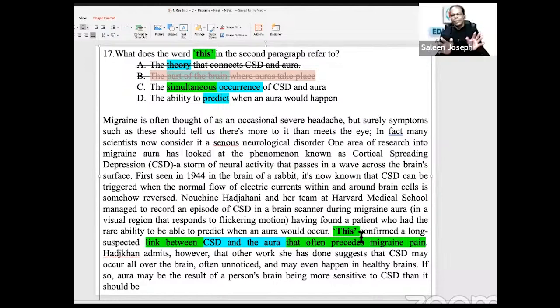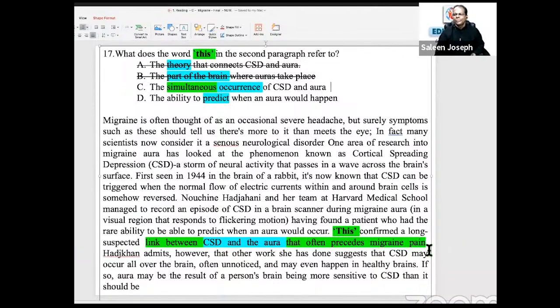But these are the rare occasions that you have. After the referent question, the answer will be explained. This confirmed alone, and the simultaneous occurrence of the link between CSD and the aura that often precedes migraine pain means there is a paraphrasing of the simultaneous occurrence of CSD and aura.